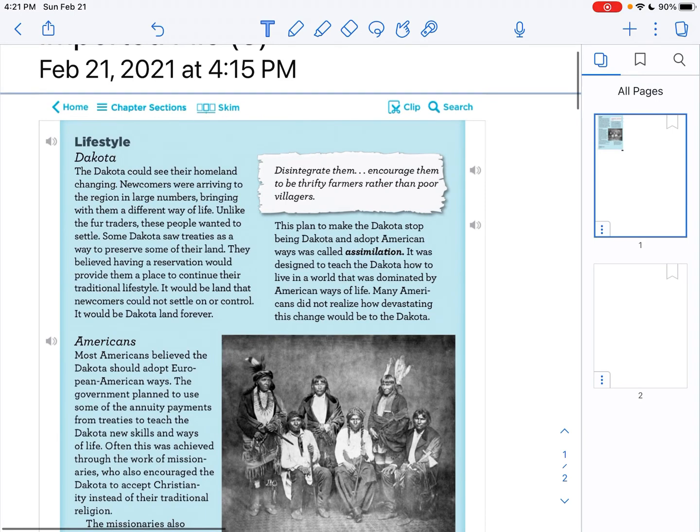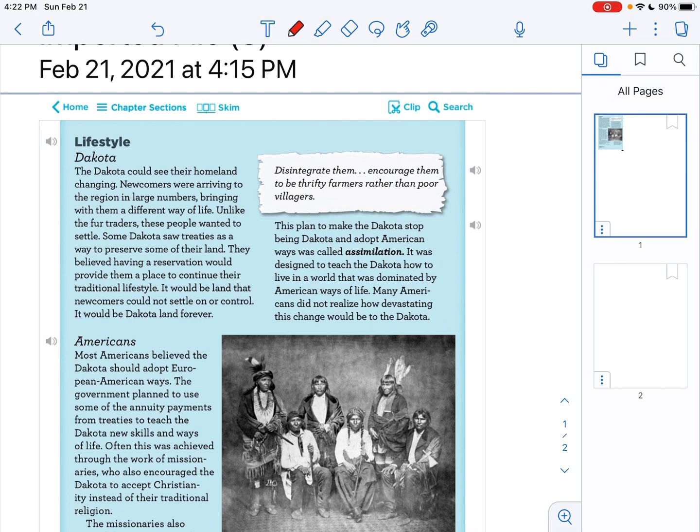All right, so the Dakota could see that their homeland was changing. Newcomers were arriving to the region in large numbers. When I say newcomers, I mean American citizens, white Europeans, settlers. They were coming to what is now called Minnesota in large numbers and all over the country.